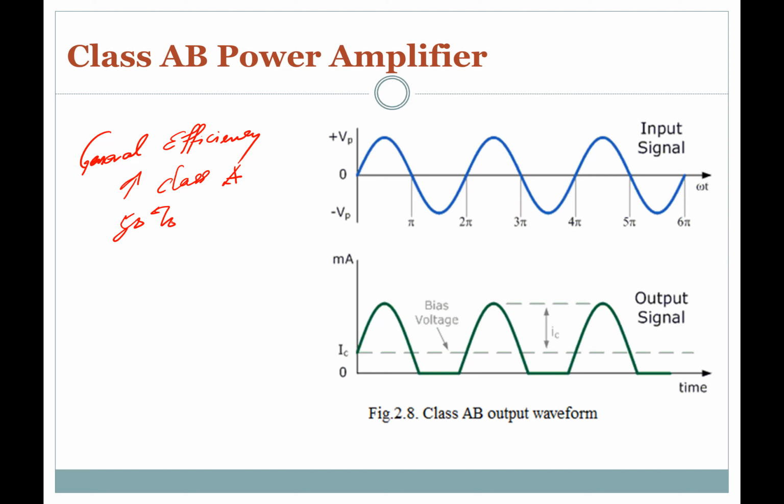So if it is higher, then it means that it is more than 50%, okay? But lower than that of a class B amplifier.